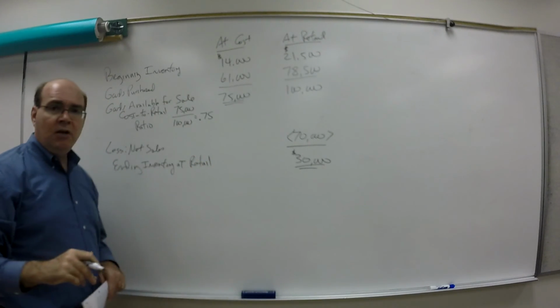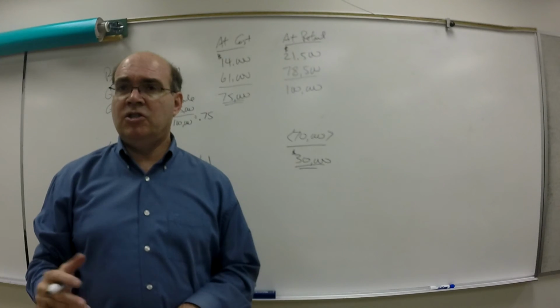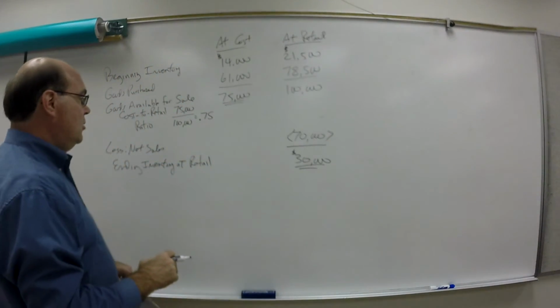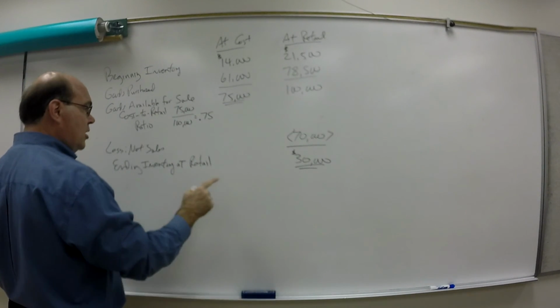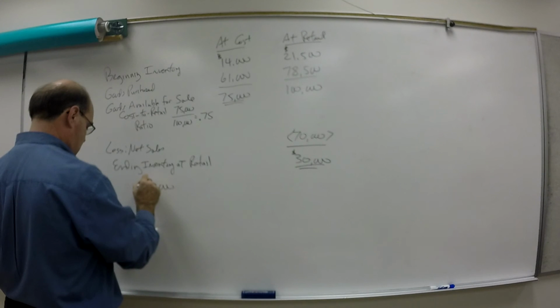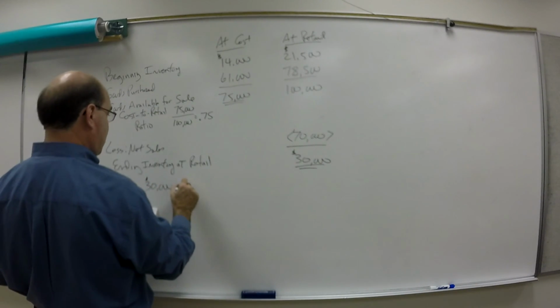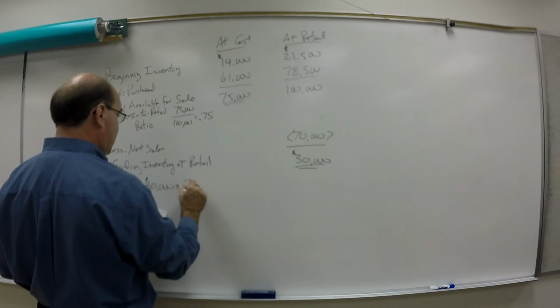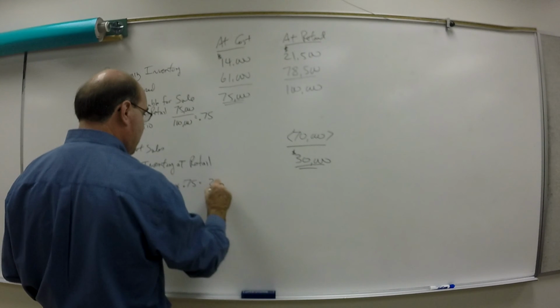But we can't put retail inventory prices on our balance sheet as inventory, right? We have to adjust it to our cost. So what we do is, well, what was our cost factor? 75%. So then we're going to take the 30,000 times 75%, 0.75, and that's going to be 22,500.